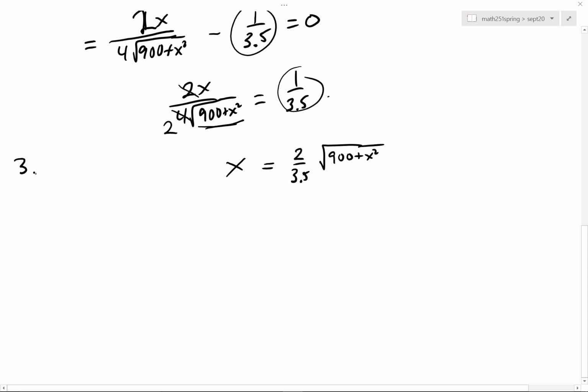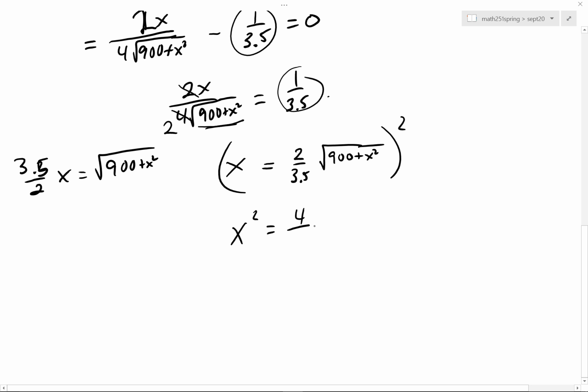If you did, you would have gotten this. Oops, 3.5 over 2x equals this guy. And it's not important at all which way you did it, because you get the same answer. So we're going to square the whole thing. So I'm going to get x squared is 4 over, I think this is 12.25. And then this is just 900 plus x squared.